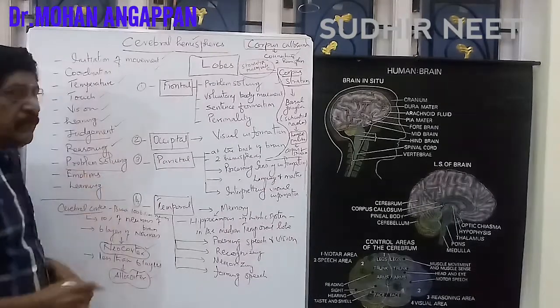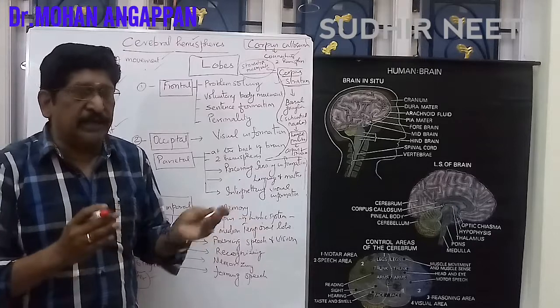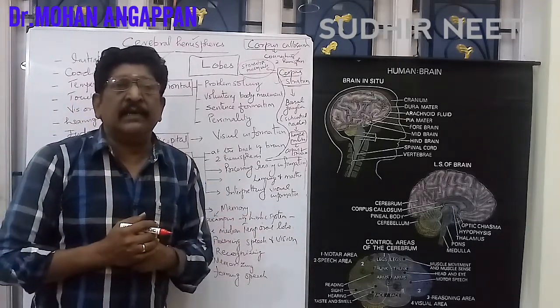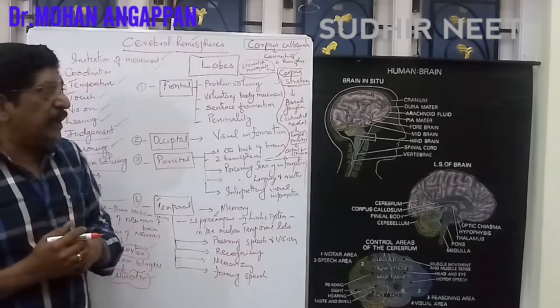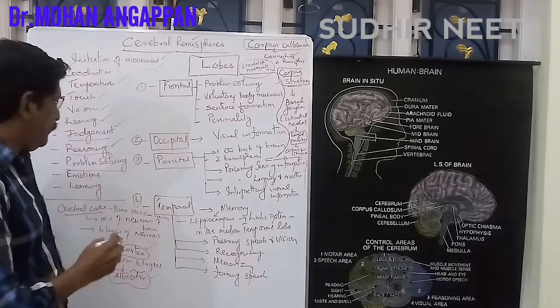And then problem solving, I already told you. If you want to take a decision, before that the problem solving method is done by the cerebrum of the brain.